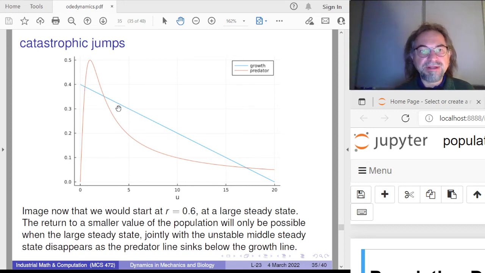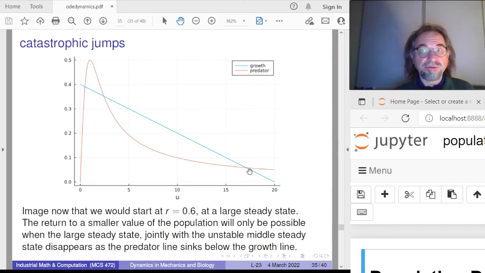But when the birth rate goes down, so we are then at a large steady state, then before the worm population starts to decline, you have to drag the blue line further down so that the two right steady states collapse and ultimately disappear.